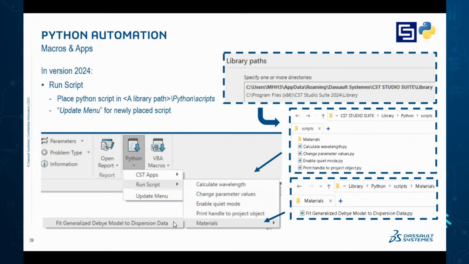Run scripts is basically where you can place your own scripts for easy accessibility. It's quite easy to set up. You just need to add the library path in the CST settings, as you can see here on this slide. The scripts can then be further organized inside folders, and those are displayed as subcategories in the drop-down menu.